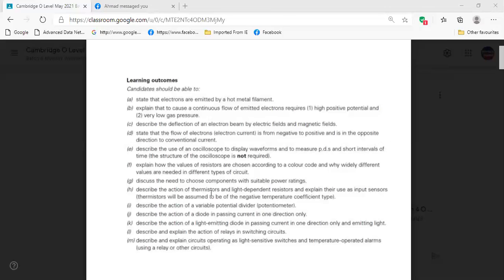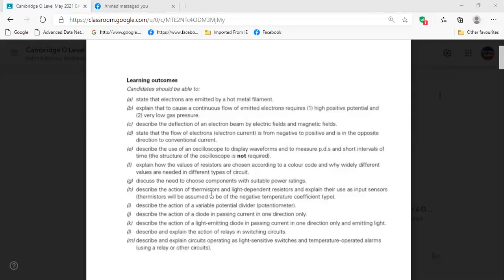So these light sensitive switches and temperature operated alarms will also have some arrangements where there might be a relay circuit also. It is becoming a more complex and bigger circuit with these small functions. All together they will work together, and it is called electronics.